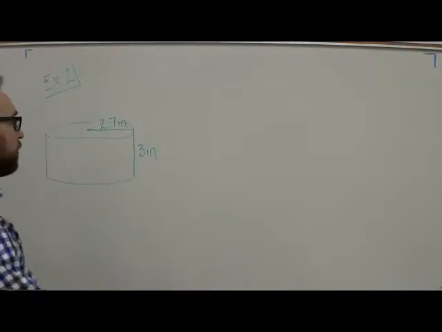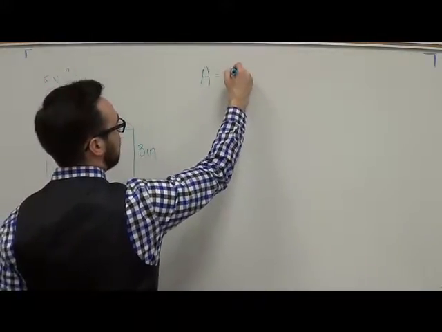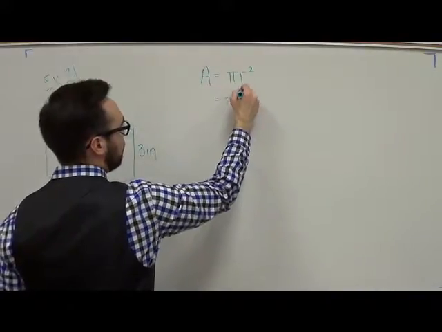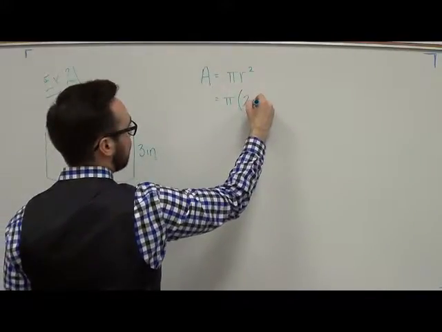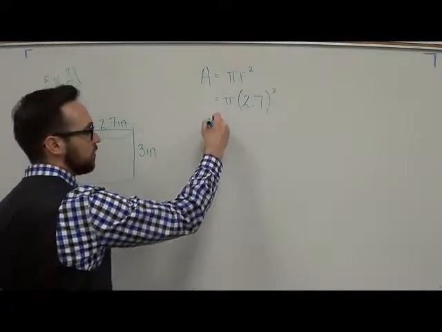Okay? So remember, we've defined the area of the circles. So we have two circles there. So the area is pi r squared. Well, that's going to be pi times 2.7 squared.